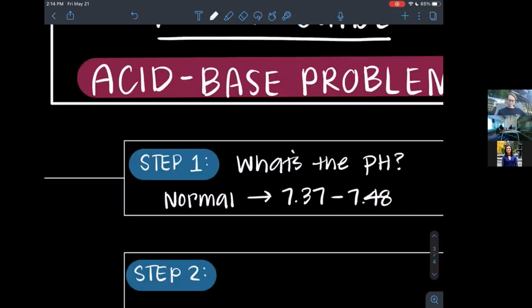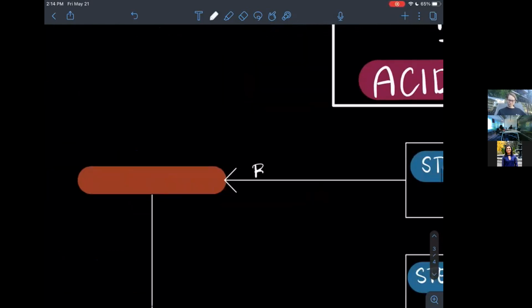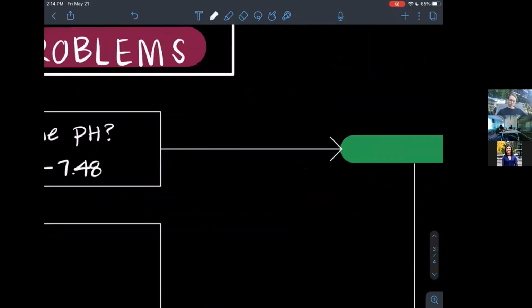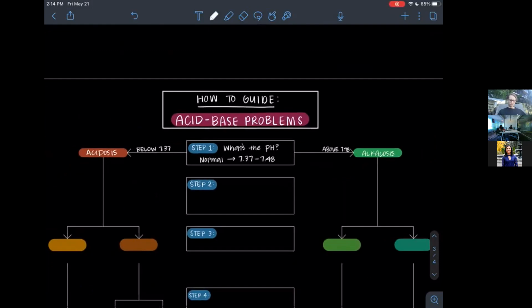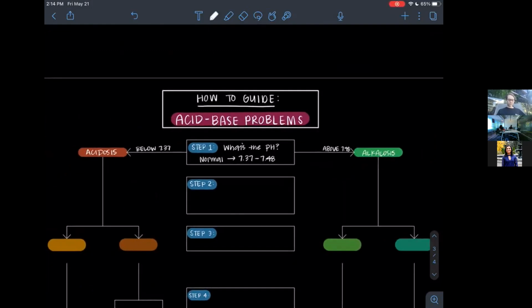But okay, so let's say it's below 7.37. Pretty obvious it's acidosis. And if it's above 7.48, we know it's alkalosis. Great, so we did step one, that's beautiful.